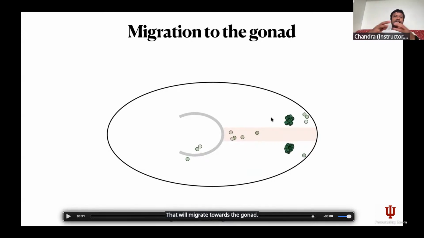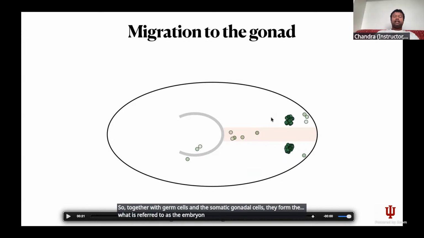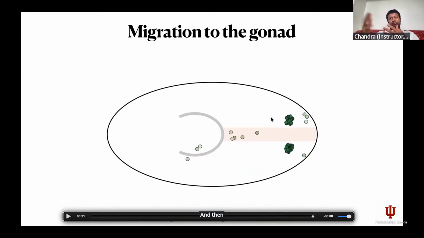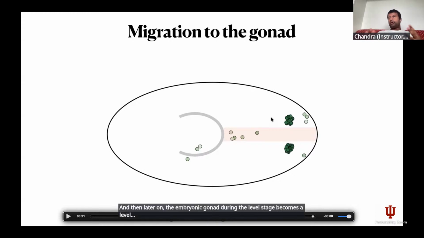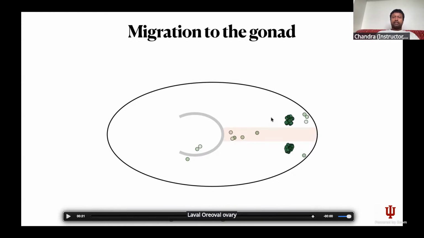And that's where they basically meet somatic gonadal cells. So together with germ cells and the somatic gonadal cells, they form what is referred to as the embryonic gonad. And then later on, the embryonic gonad during the larval stage becomes a larval ovariole or the larval ovary or the larval testes, and eventually in the adult, they become the gonads.